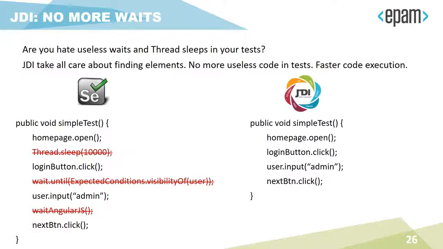You just write your test scenario like a user, and all or most of the thread sleeps and waits are processed by the framework. We have some special cases when JDI can't do this, and I already described them in some other presentations, and I hope we can avoid them here.